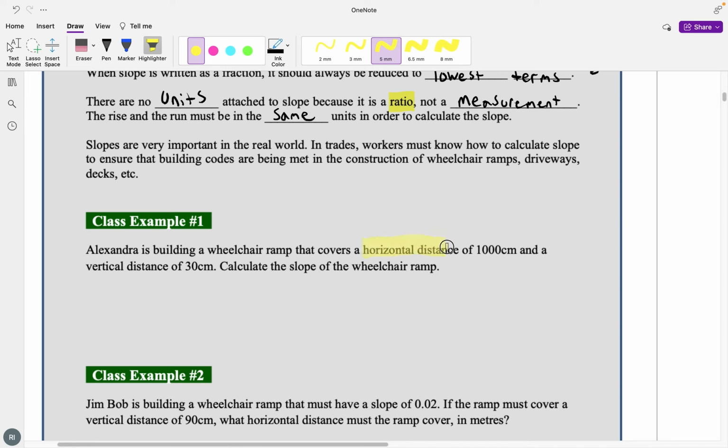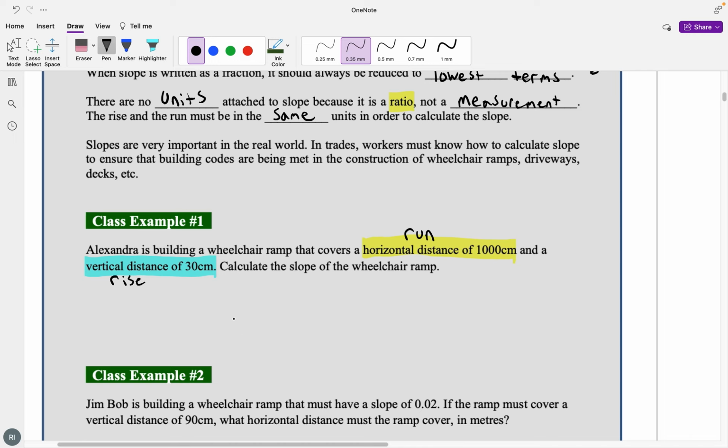Horizontal distance of 1,000 centimeters. I'll use a different color for the vertical distance of 30 centimeters. Also a reminder, horizontal distance is referring to the run, and vertical distance is referring to the rise.